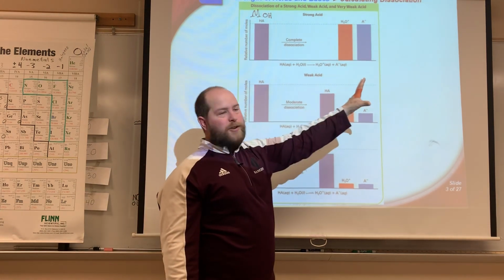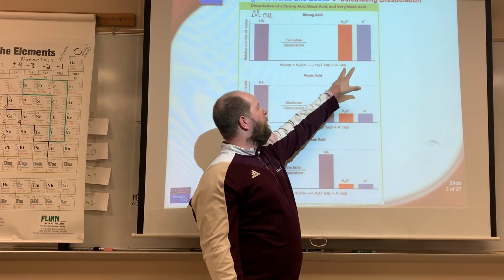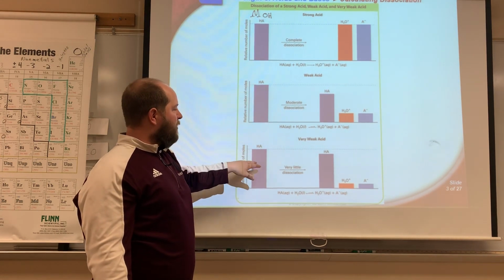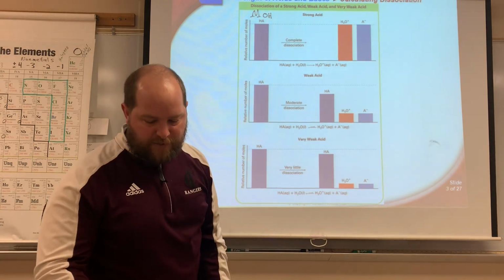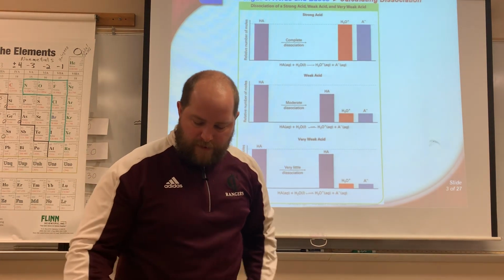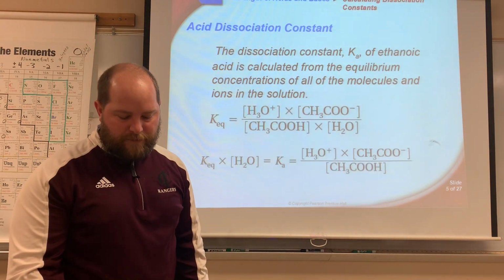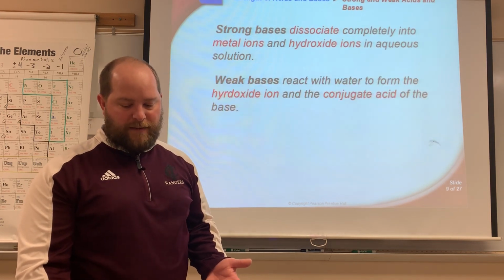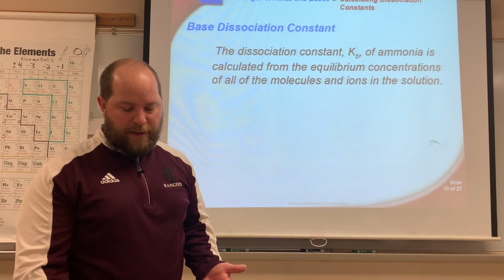So when it dissociates, you're going to get metal and hydroxide. Down here you see the same diagram, just a base. Therefore we can use the same type of constant, the Kb.